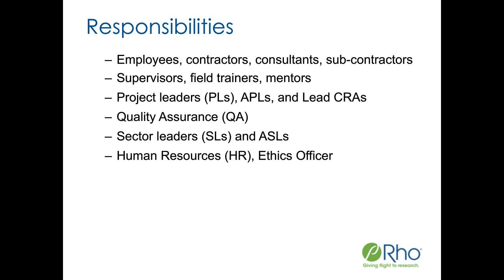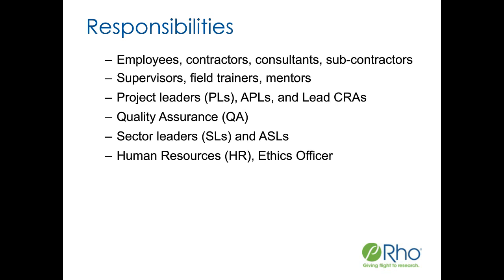So your procedure should cover all employees, contractors, consultants, or subcontractors who have access to data or would be in a position to detect fabrication or misconduct, or if they're one of the people who are charged with investigating it or reporting it. Your supervisors, field trainers, and mentors as well would be in a position to advise monitoring staff or to assess the reports.